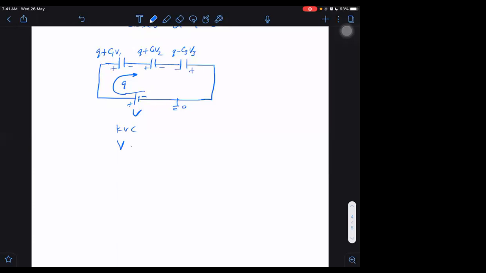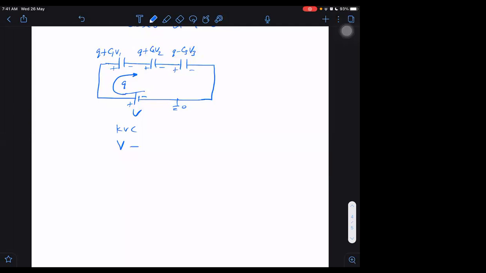For the last one, we don't know whether it increases or decreases because Q is unknown. Charge supplied may be more, so I am assuming it is also decreased. I told you the rule: when we have some unknown charge, whichever side we assume, we will assume it to be positive. According to the rule, we will follow.